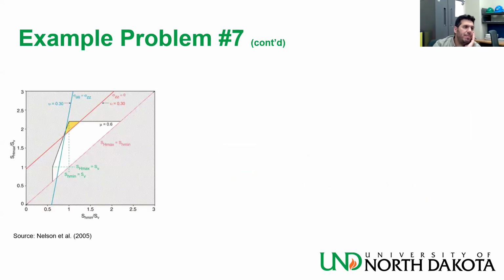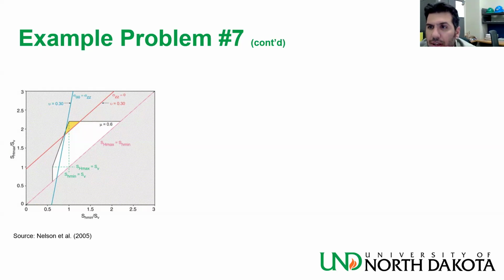So we have the red line for sigma zz where r equals rw, and then we have the blue line where sigma zz equals sigma theta theta. The region between those two lines, and you can use trial and error with points to verify that, is the region where the conditions are true.